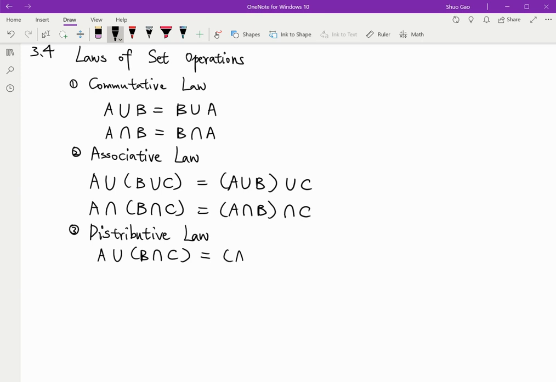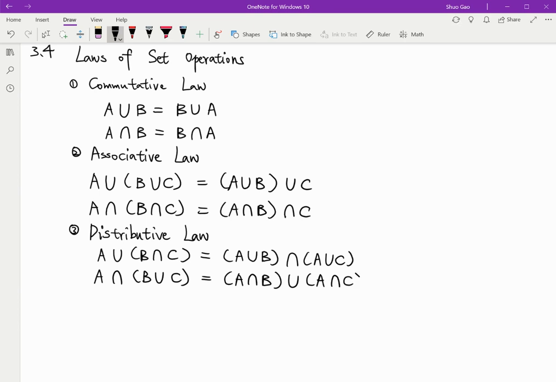So this equals A union B and then intersect A union C. And also A intersect B union C equals A intersect B, then union A intersect C.